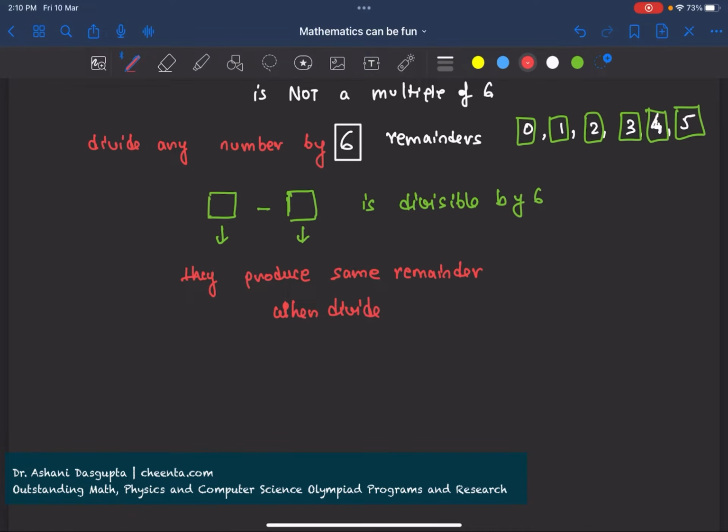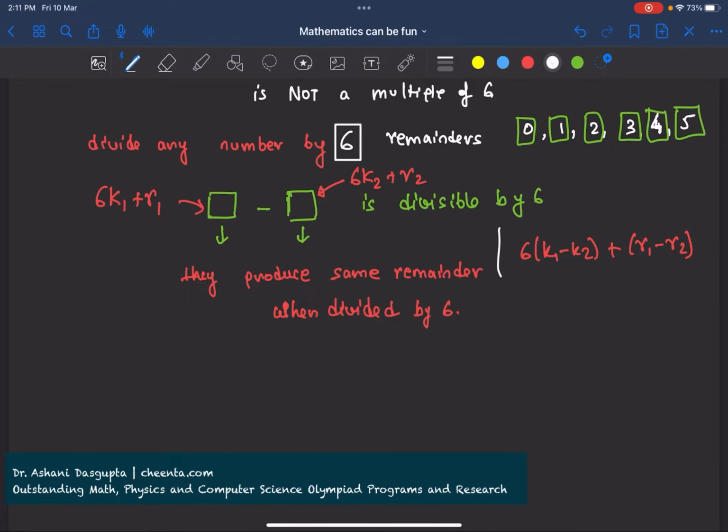If you think about it, this is very simple. Suppose this number is 6k1 plus r1 and this number is 6k2 plus r2. Now if you take their difference, what you get is 6(k1 minus k2) plus (r1 minus r2).